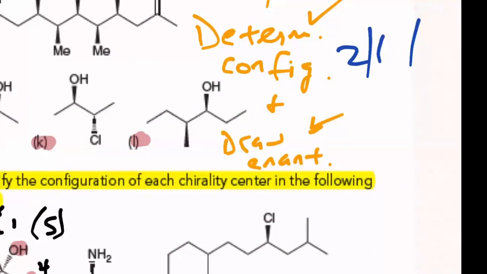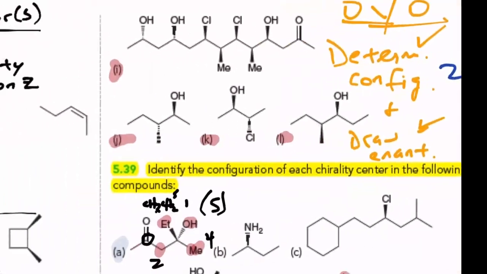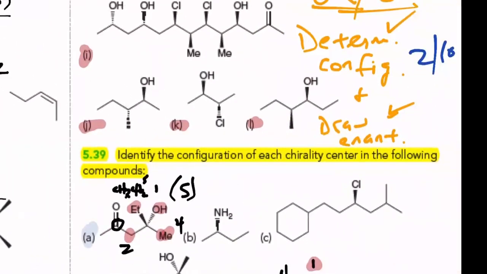So I want you to finish these two. I have the note there on what to do. Determine the configuration and then draw the enantiomer on the ones that are highlighted in pink. If you go to the course notes, this document is going to be in there with all the information in it. All right, we're okay?